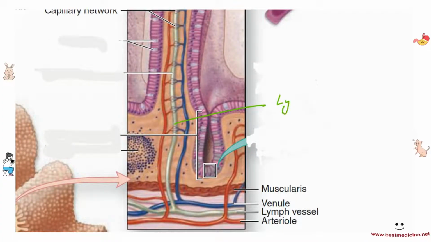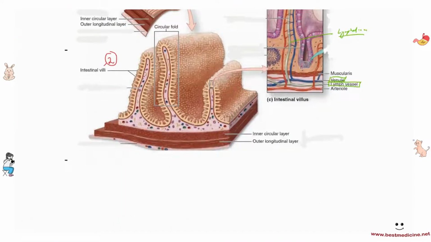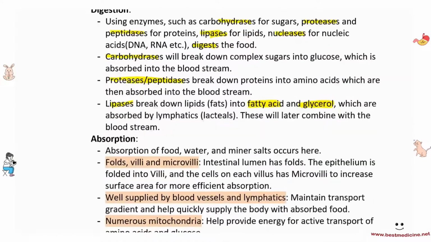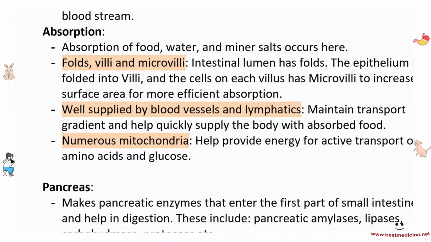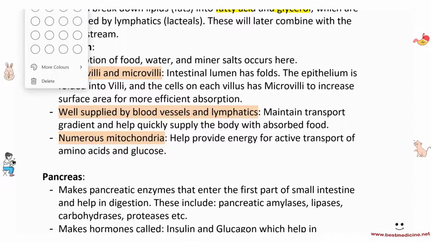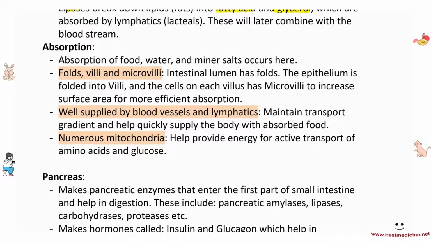We've done this before. Lymph vessels take fatty acids and glycerol, while the blood vessels take the sugars and the amino acids. Absorption is facilitated by 3 adaptations. Number 1, adaptations that increase the surface area to volume ratio, for example having folds, villi, and microvilli.